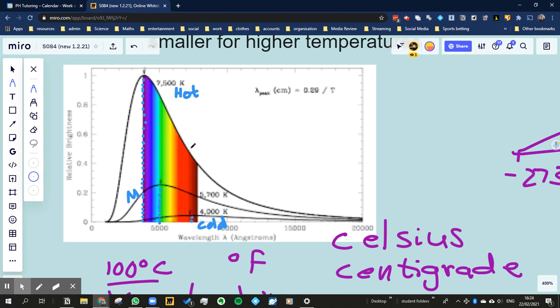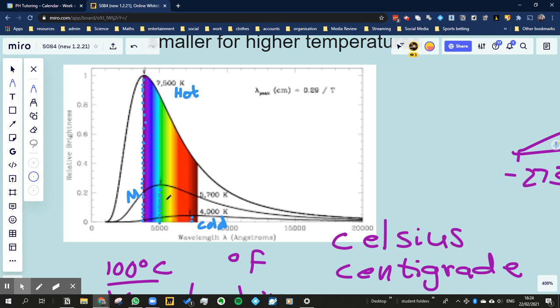But also for all wavelengths, the hotter ones have a higher amount. And what I mean by that, so it says relative brightness. In other words, for any wavelength of light, the hot one produces more of that wavelength.